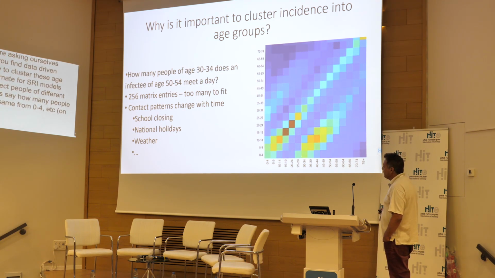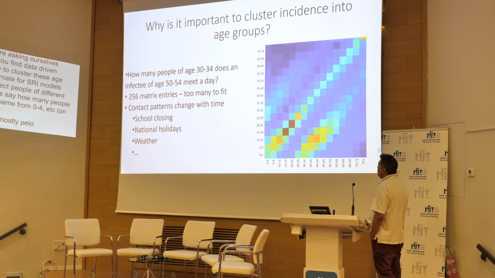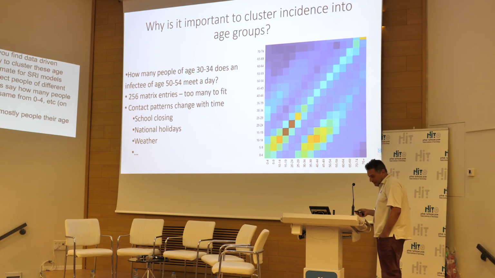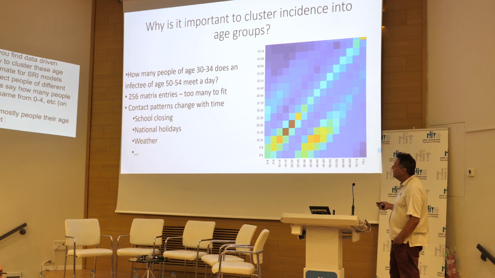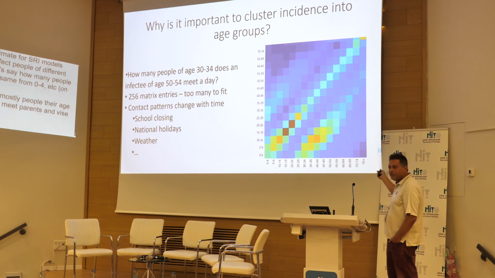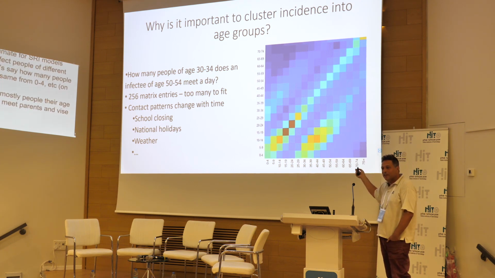But for example, here, this is parents meeting children and children meeting parents. Okay, so you want to try and see if you can estimate such matrices. And usually you're given a matrix like that, but this has 256 entries. So how the hell are we going to parameterize such a monster?